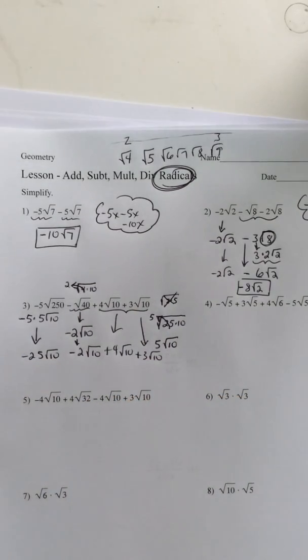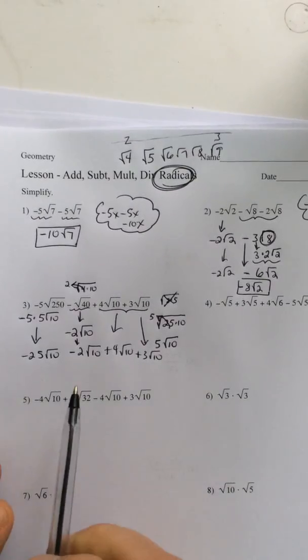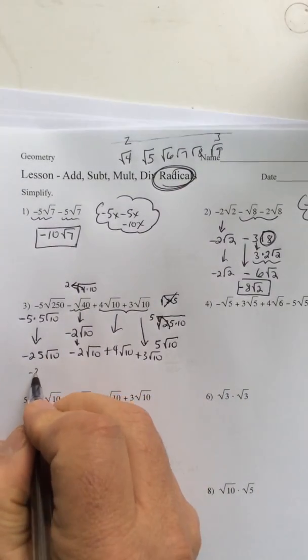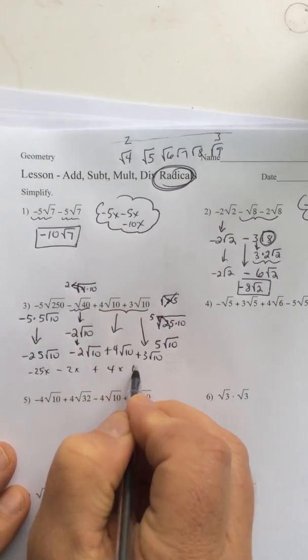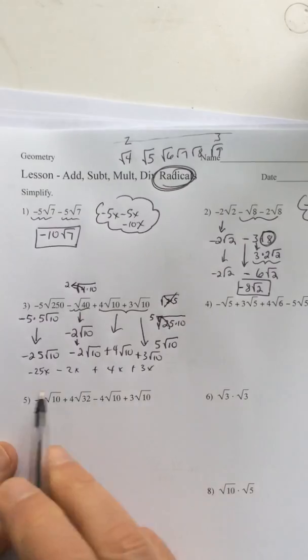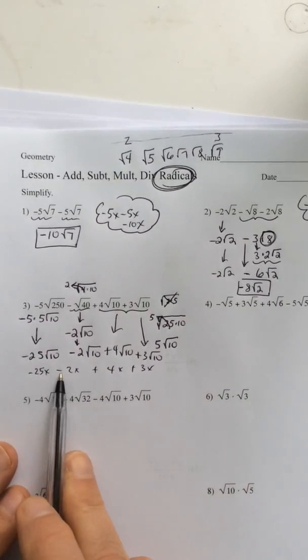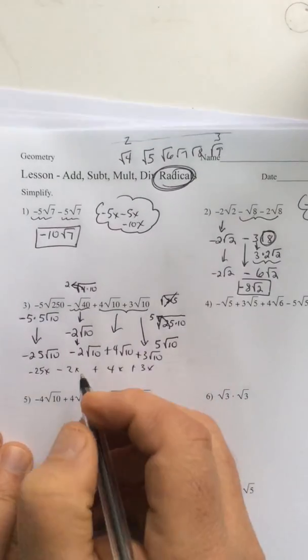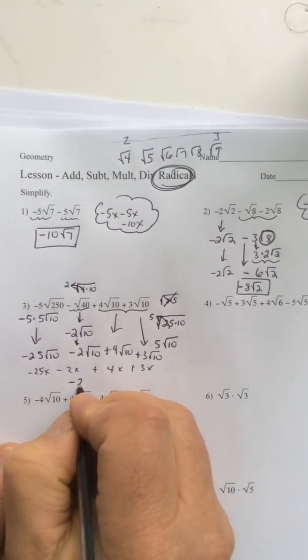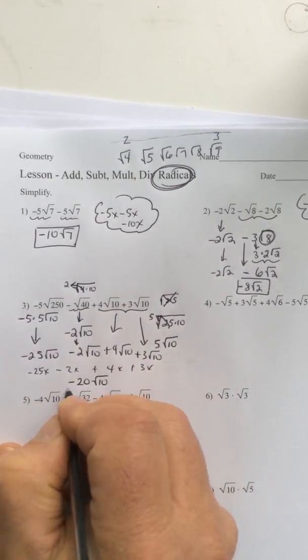See, it was hidden, but they were all square roots of 10, so they're all the same, so we can add them up. It's kind of like negative 25x minus 2x plus 4x plus 3x. See, they're all the same. If we did it with x's, it'd be negative 20. Well, that's what it's going to be for the square roots of 10s also. It's negative 20 of those square roots of 10s.